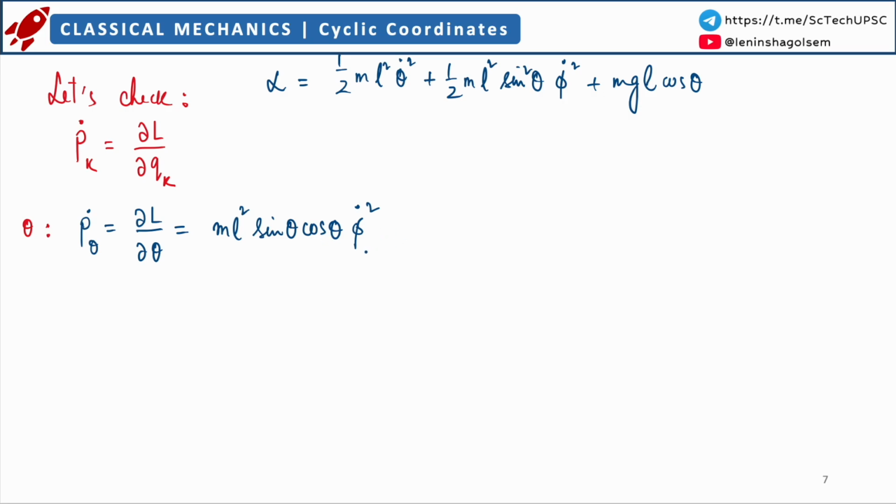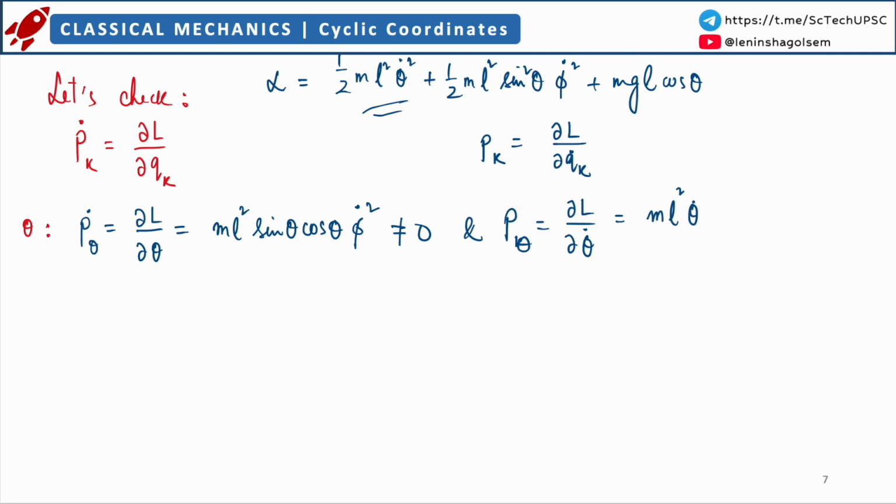Now this is not 0. We can also calculate p k, given by del L over del q k dot, so p theta is del L over del theta dot, which from here we can immediately see is ml square theta dot.